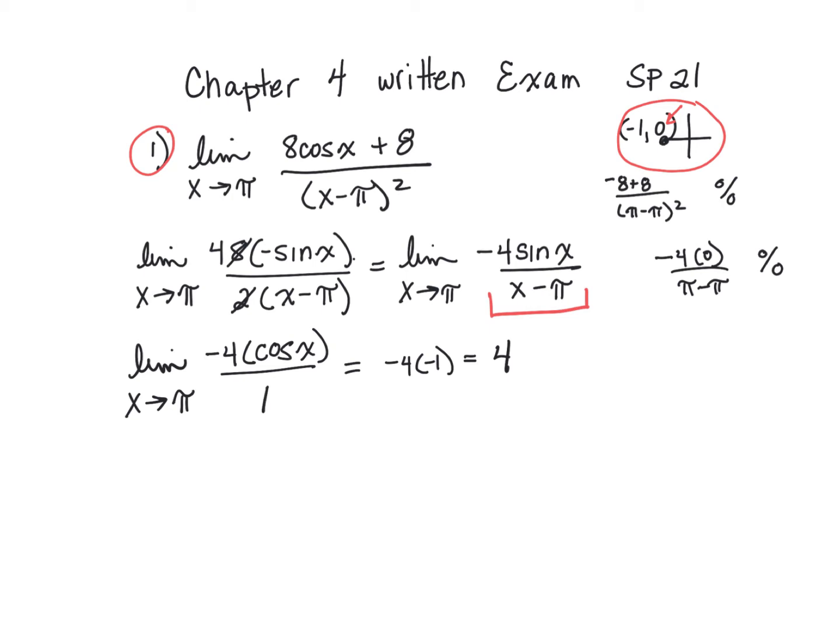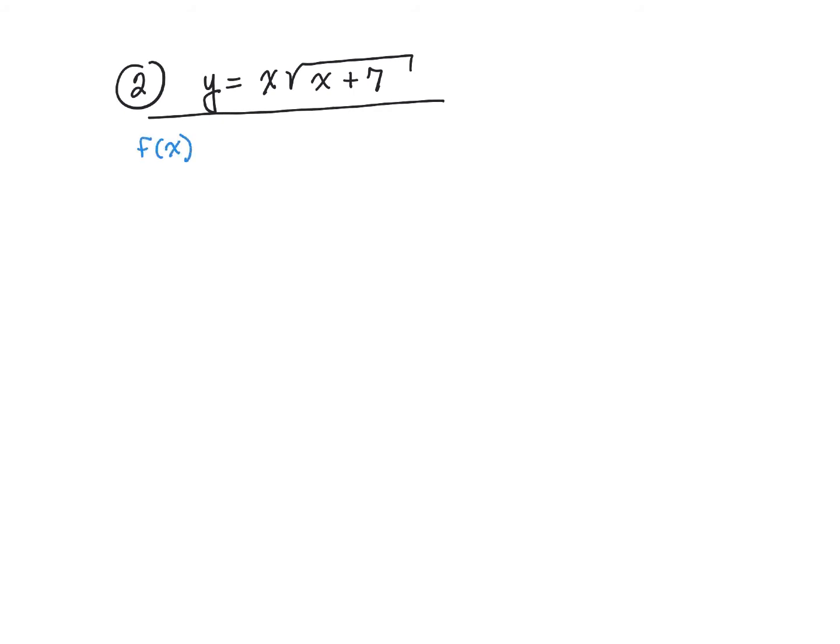Number 2 was to graph x times the square root of x plus 7. And I did ask you to follow a prescribed method of doing it.